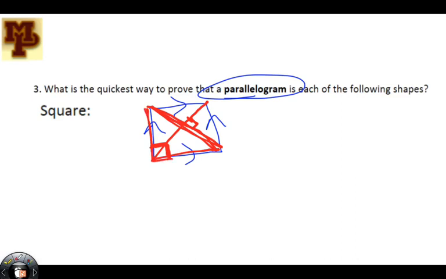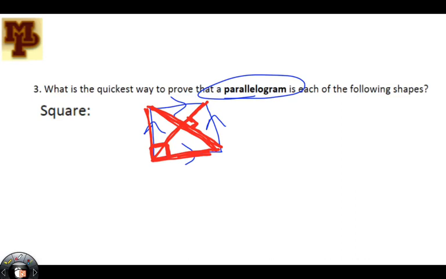So if the 2 sides are perpendicular and the diagonals are perpendicular, then it's a square. So that's just a lot of slope calculations. That's probably the best way to do it, quickest way to do it.